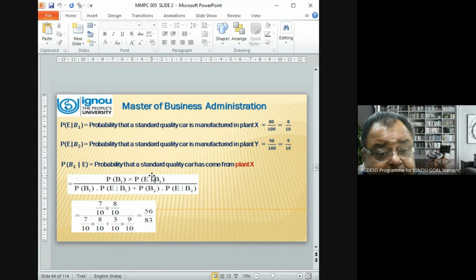P(B1) into P(E/B1) upon P(B1) into P(E/B1) plus P(B2) into P(E/B2). All these values are given to you. This is 7 by 10 into 8 by 10 upon 7 by 10 into 8 by 10 plus 3 by 10 into 9 by 10. All this will be a sum. After calculating, you will get 56 by 83.